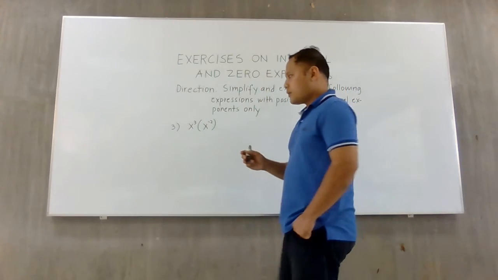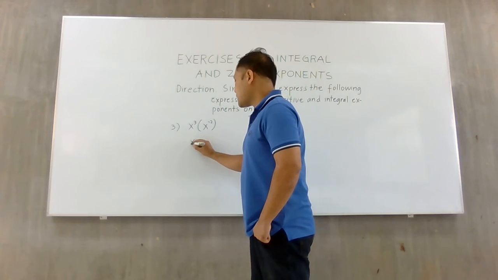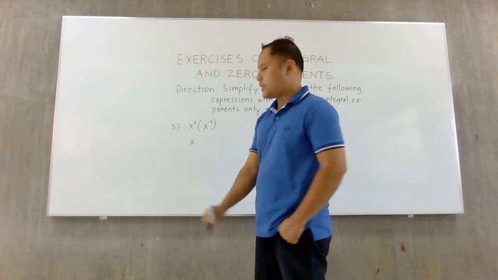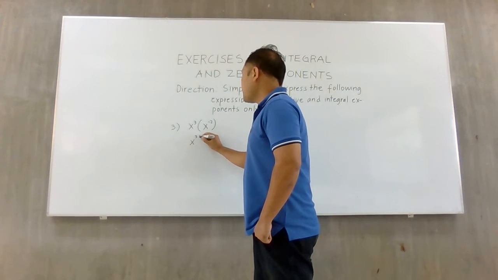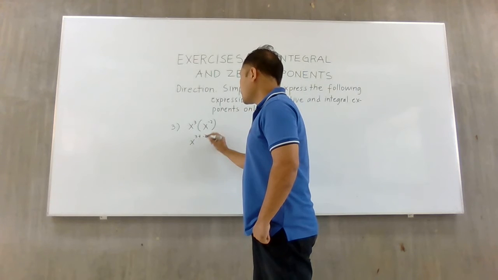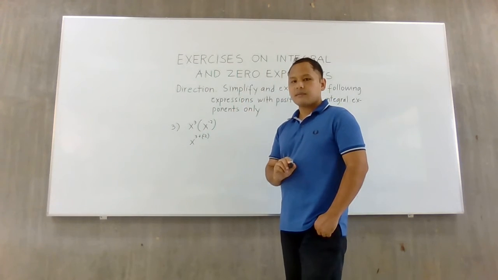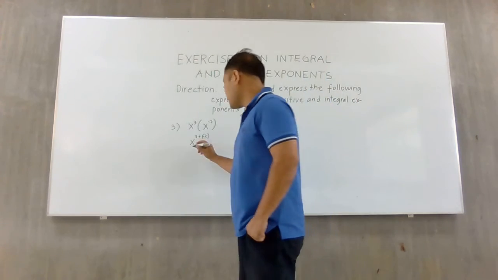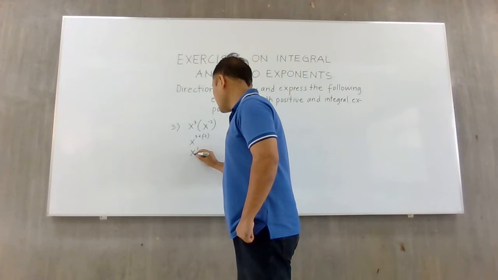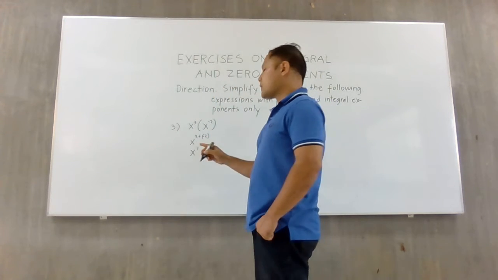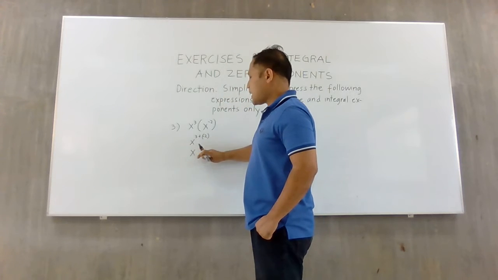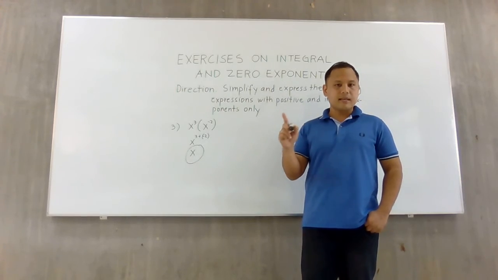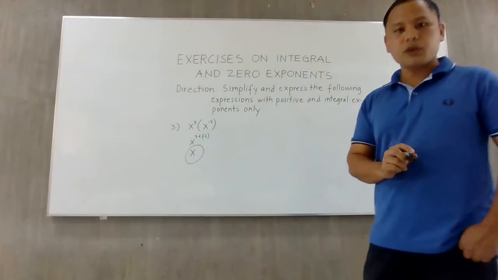For that case, we can just copy the same base and add the exponents. So we have 3 plus negative 2, that is positive 1. If you have 1 as exponent, you can erase that 1, because any term having no exponent is understood to have 1 as the exponent.